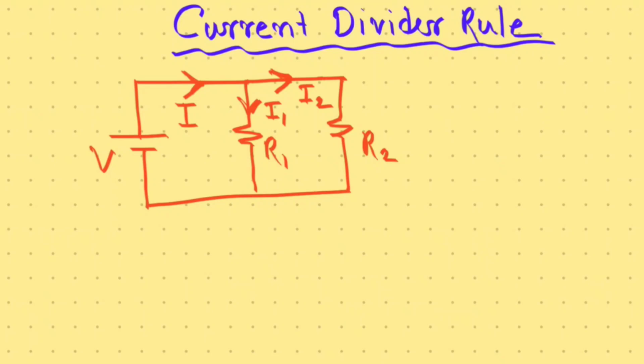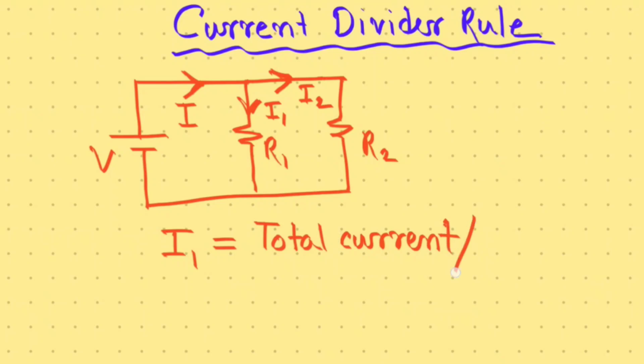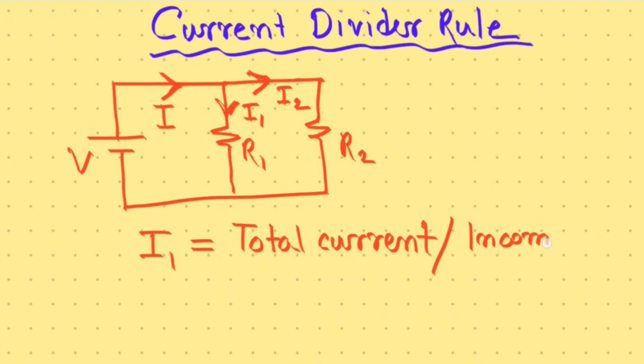Current divider rule is so that I1 is equal to the total current, or we can say the incoming current, into the opposite branch resistance by total resistance.